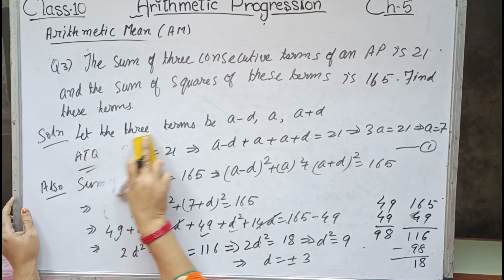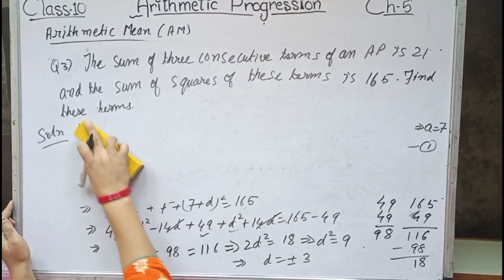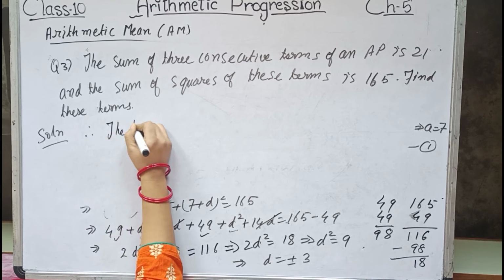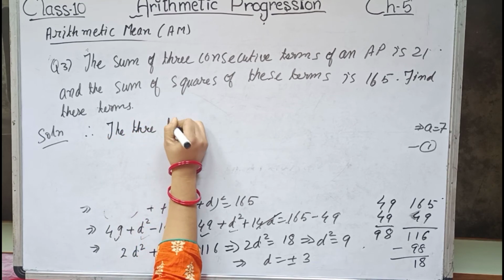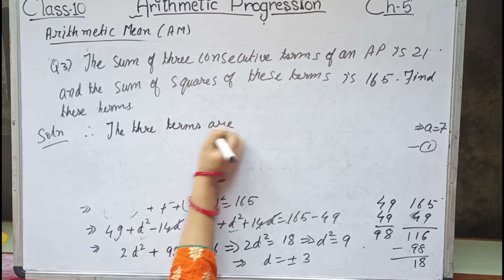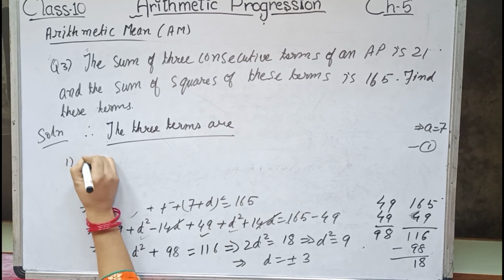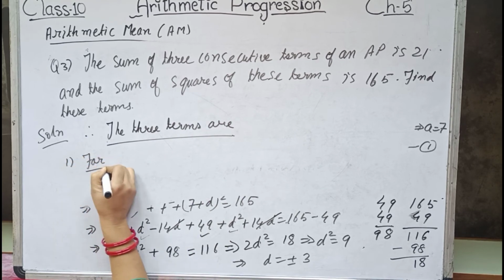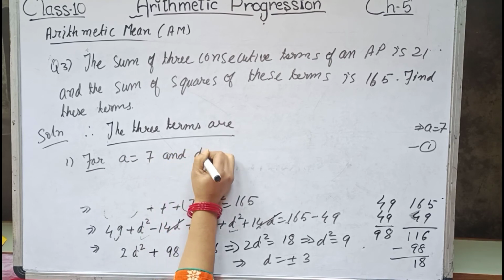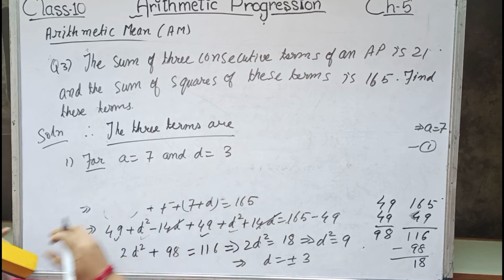So let us finally write the answer, because the a value and d value we have got. Therefore, the three terms are: number 1, for a equals 7 and d equals plus 3.